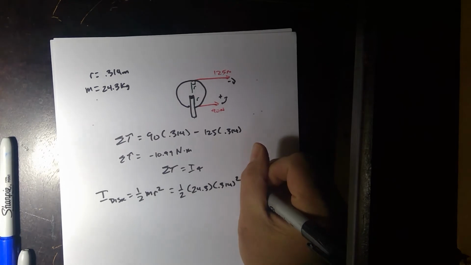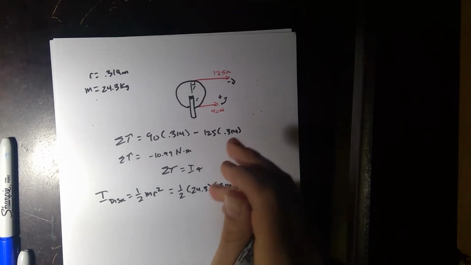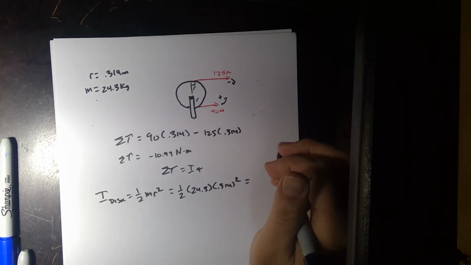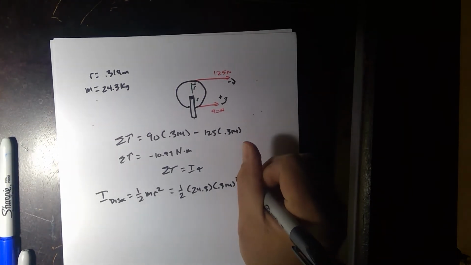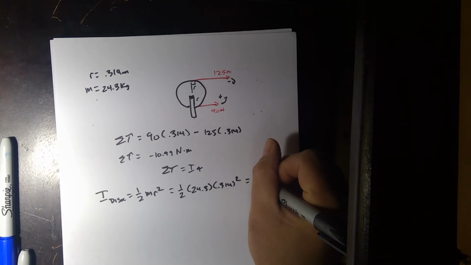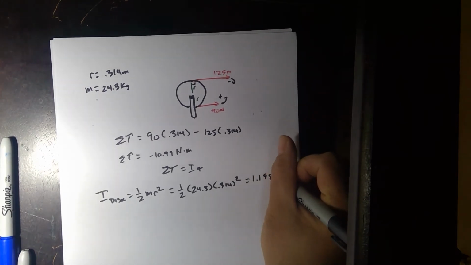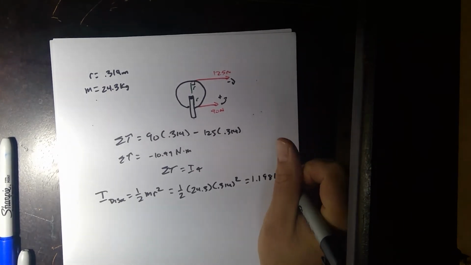I get something like 1.19, and let's round that to 1.198 kilograms meters squared is our unit for I.